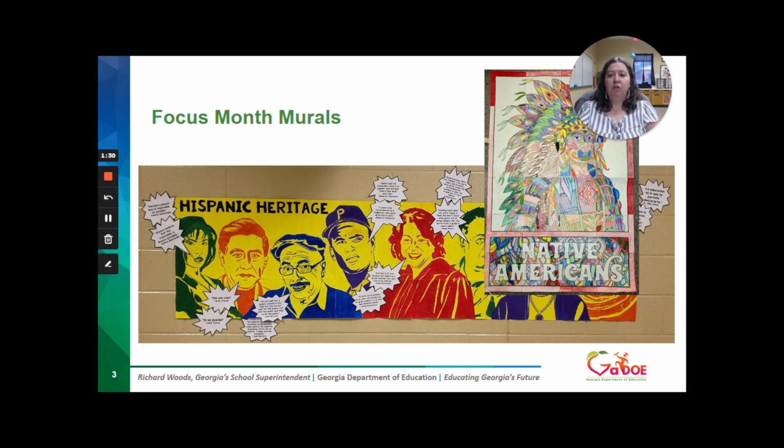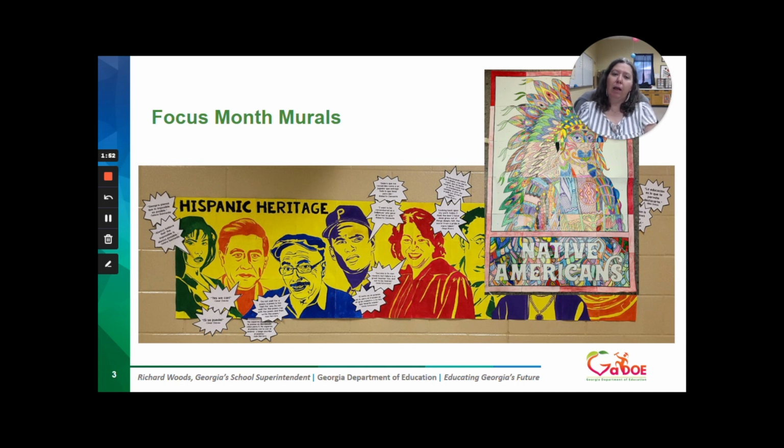So here you see two examples of artwork that my students created, and we used an idea from Teachers Pay Teachers. So we took a square, each individual student had a square, and then we combined those together to create these focus month murals.